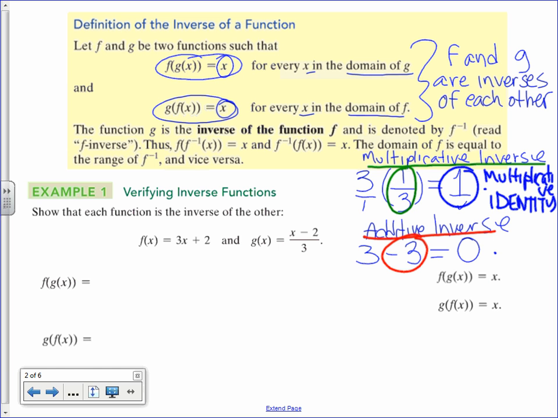Of all real numbers. And 0 is called the additive identity of all real numbers. Okay? So as Kimmy told me earlier, inverse functions are reflected across the line y equals x.